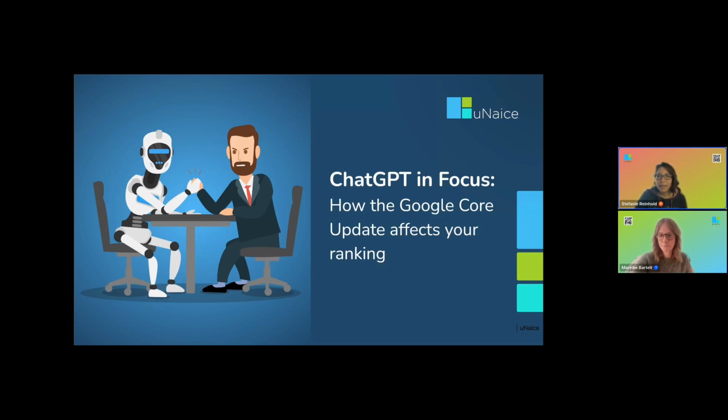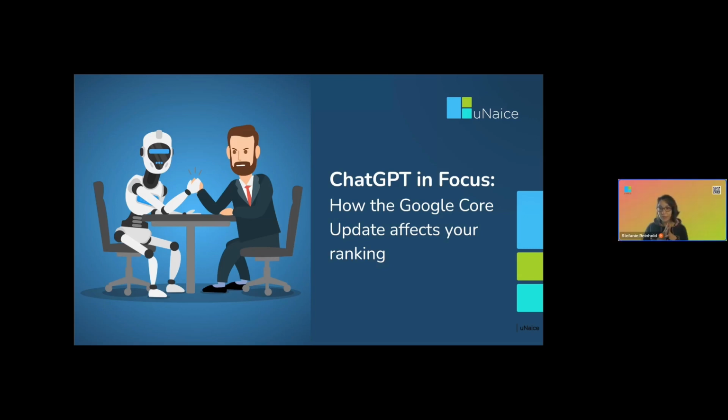So, the Google Core update. I'm guessing every one of you heard about it at some point, because there have been quite a lot of them lately and recently. It started somewhere in summer of last year with the August update. It continued with the October update, and then there was the November update, which was just 1 month later.